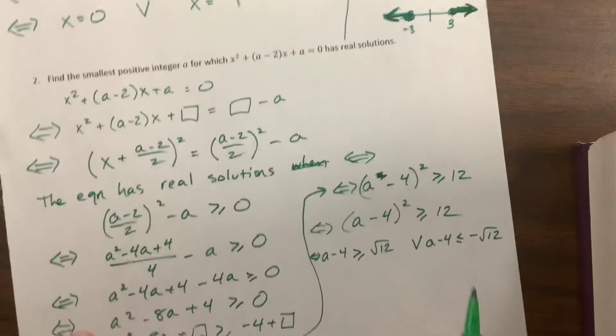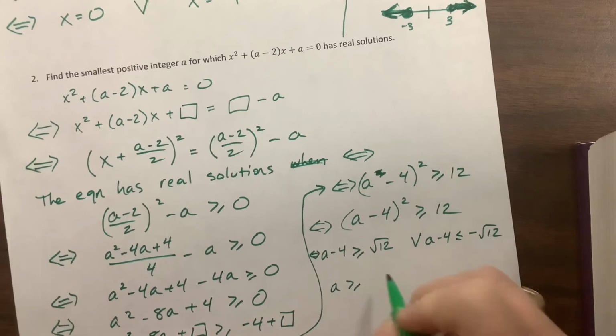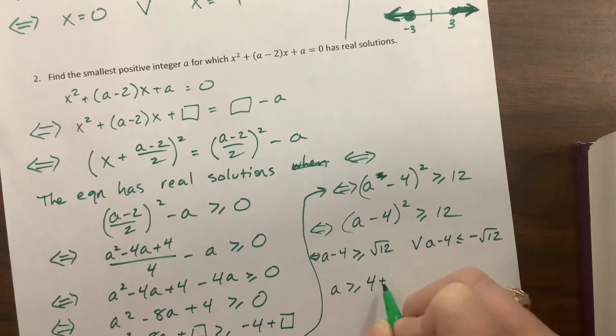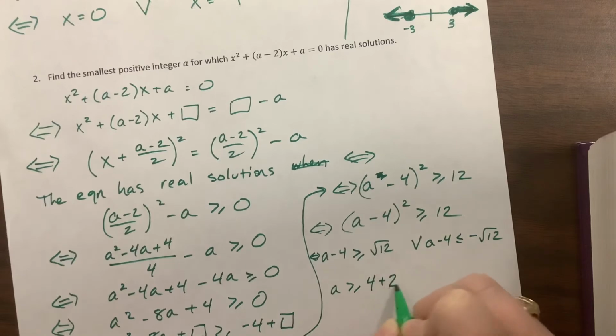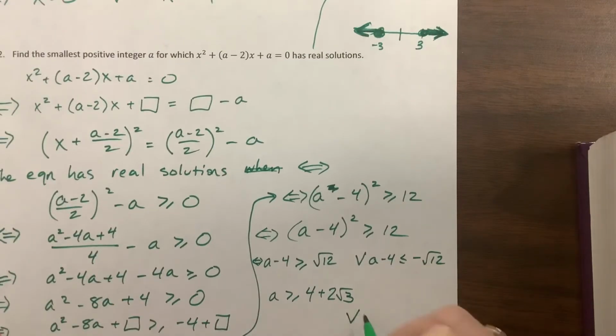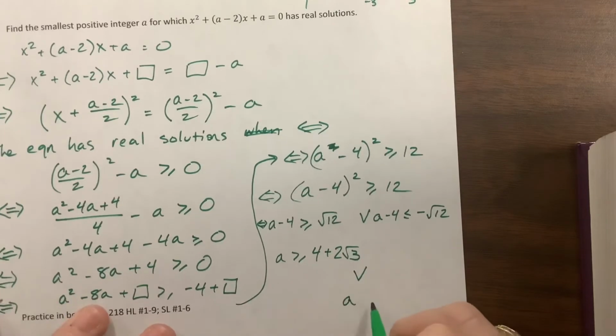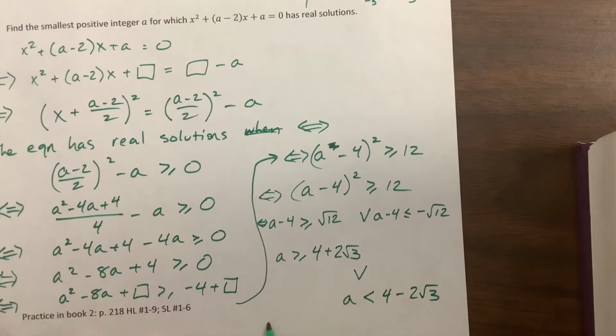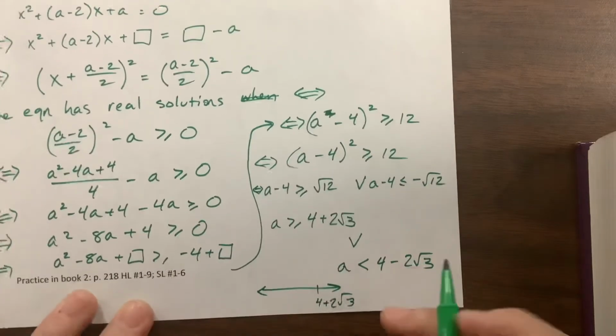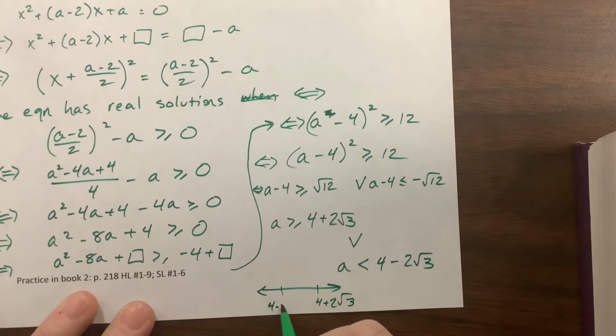So then I have that a has to be greater than or equal to 4 plus, would you agree that this is 2 root 3, or a has to be less than or equal to 4 minus 2 root 3. So on a number line, somewhere out here is 4 plus 2 root 3, and somewhere over here would be the smaller one, 4 minus 2 root 3. You could write that in interval notation if you felt so inclined.